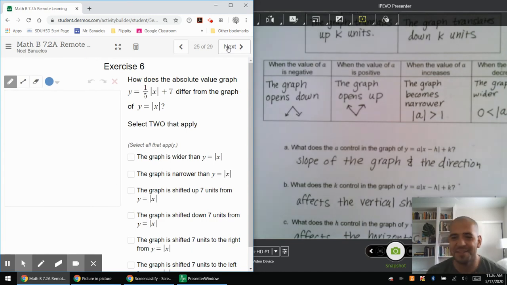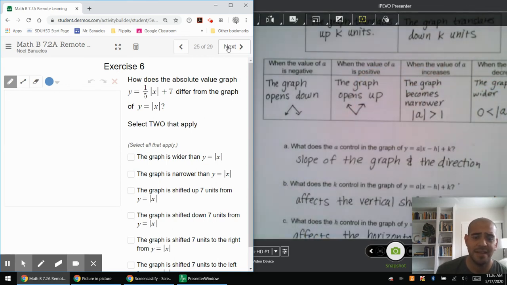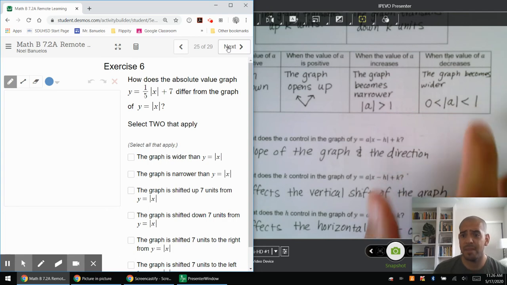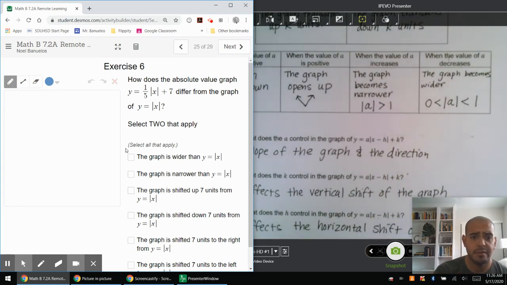Ooh, we got a lot of things going on in this one. All right, you got to just go back to your graphic organizer. You have to identify, what am I changing? I noticed that there's an a value of 1/5. How does an a value of 1/5 affect your graph? Well, 1/5 is in between 0 and 1, so that means your graph is wider.